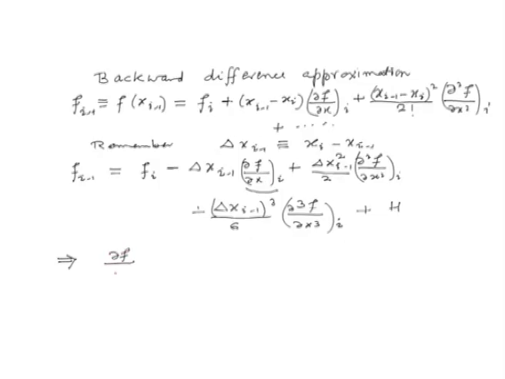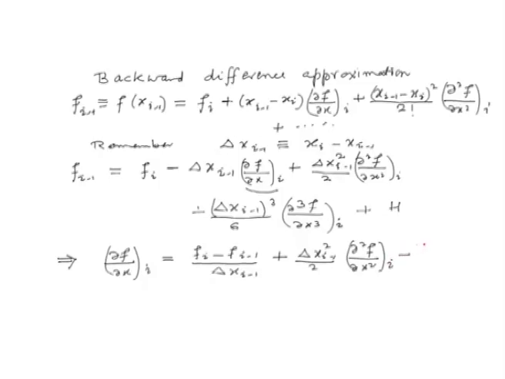So, del f over del x at i can now be written as f_i minus f of i minus 1 divided by delta x_{i-1}, plus delta x_{i-1} square divided by 2 del 2f over del x squared at point i, minus delta x_{i-1} cube divided by 6 del cube f over del x cube at i, plus higher order terms.